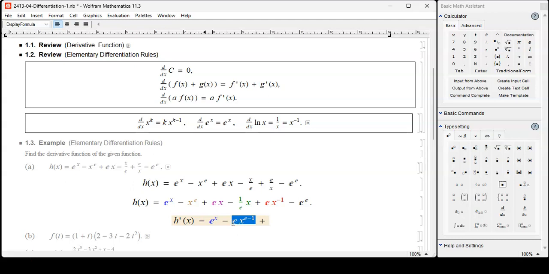Look at this brown, and that came from the power rule. Next, e x. First power is hidden, so multiply 1, and then x to the 0 power because I subtracted 1. 0 power is just 1, so there you go, and that's purple.